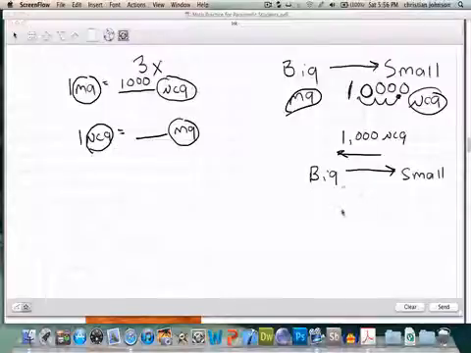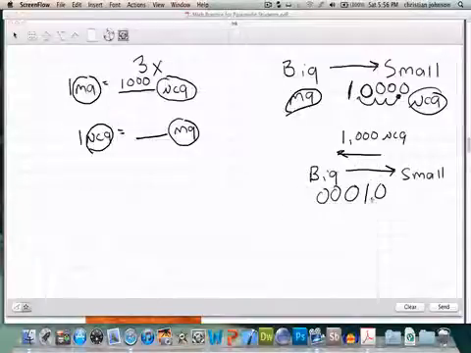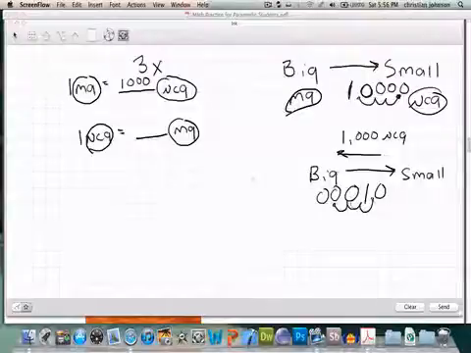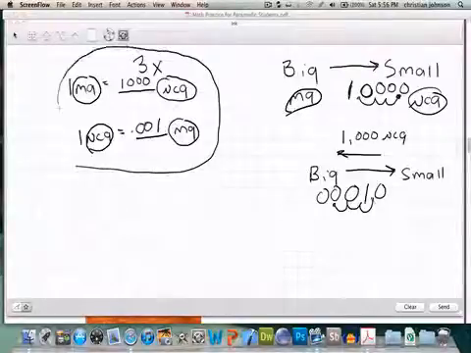So I'm going to be going to the left. So here's my decimal, but I'm going to be going this way. So I'm going to draw my zeros this way. And I'm going from small to big, which is from right to left. So I go 1, 2, 3. So my answer would be 0.001.